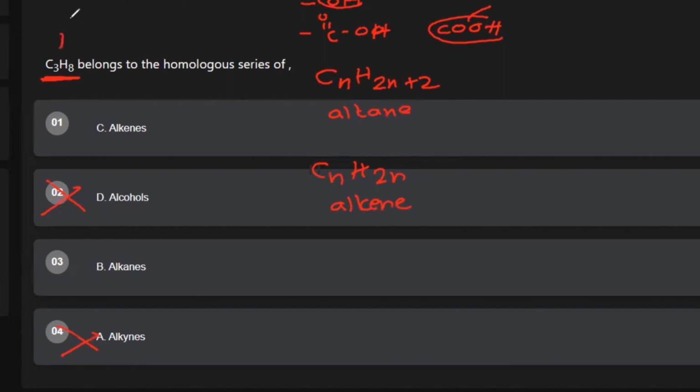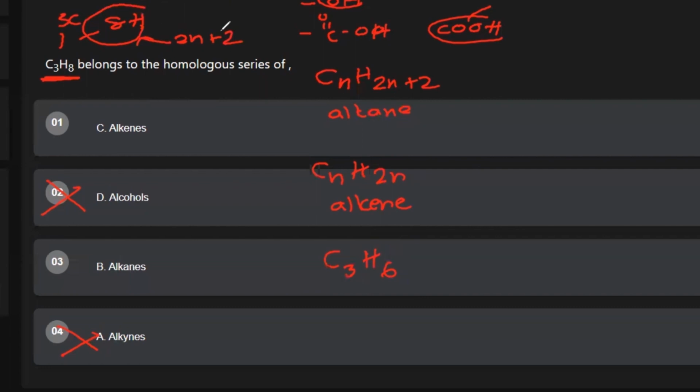Here there are 3 carbons and 8 hydrogens. So twice of 3 is 6. If it was an alkene, it would be C3H6. But it's not C3H6, it's C3H8, which means the number of hydrogens was formed by 2n plus 2.